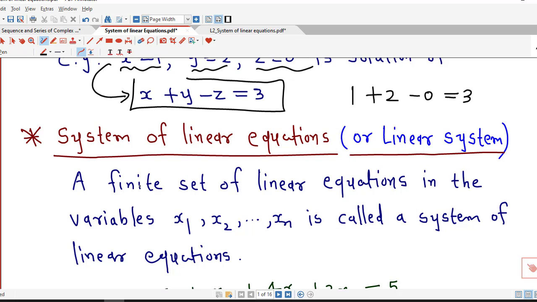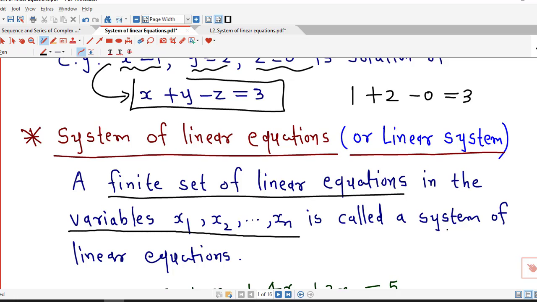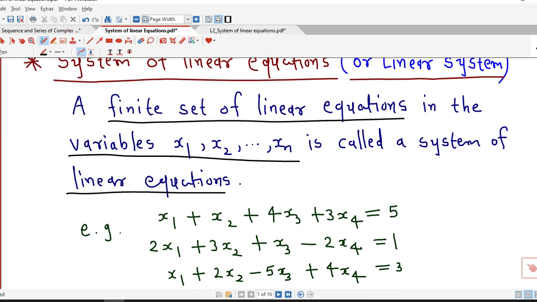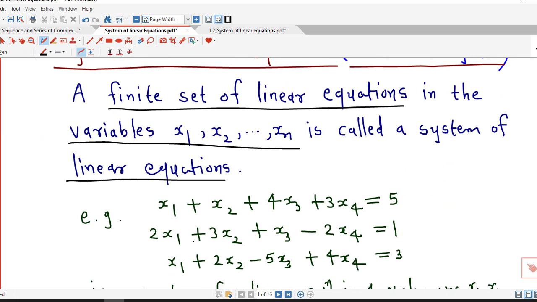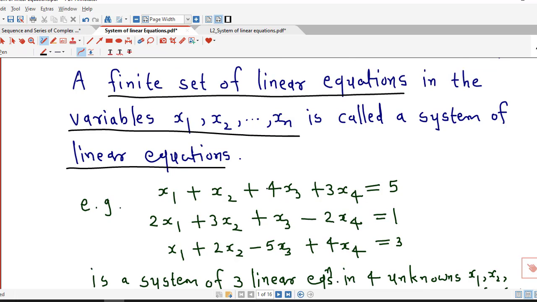A system of linear equations is nothing but a finite set of linear equations in the variables x1, x2, xn. For example, here I have written one set of linear equations. There are 3 linear equations and x1, x2, x3, x4 are 4 variables.